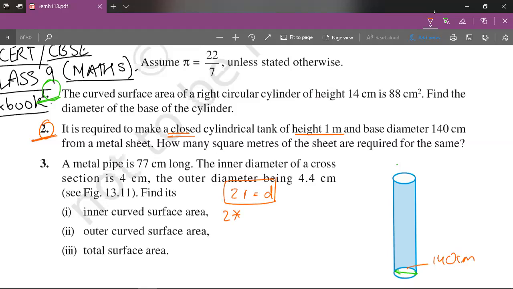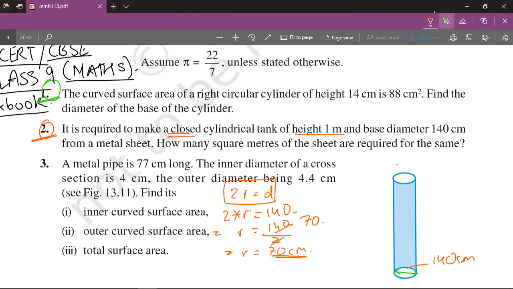So diameter is 140 centimeters. We'll leave r as it is, and diameter is 140. So r is equal to 140 divided by 2, which is 70. So r is equal to 70 with the units, which is centimeter. Okay, this is your final value. So r is equal to 70. I'll rub the rest of it to make space.